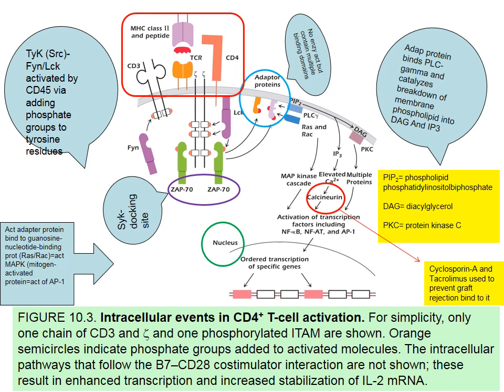Because once these activated adapter proteins bind to proteins like RAS and RAC, this will initiate a cascade of events via activation of transcription factors, notably NF-kappa B, NFAT, and AP1, and that will then set up the order to the nucleus to start transcription of specific genes.